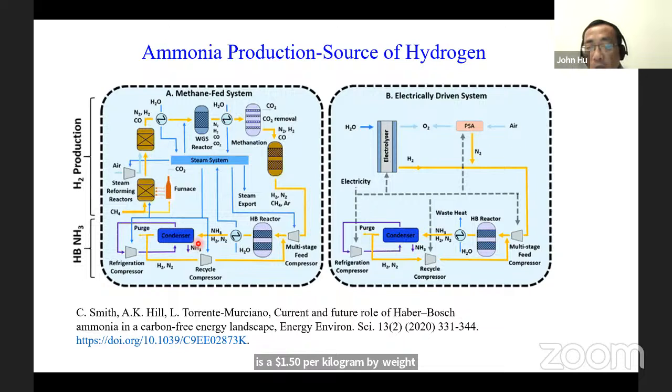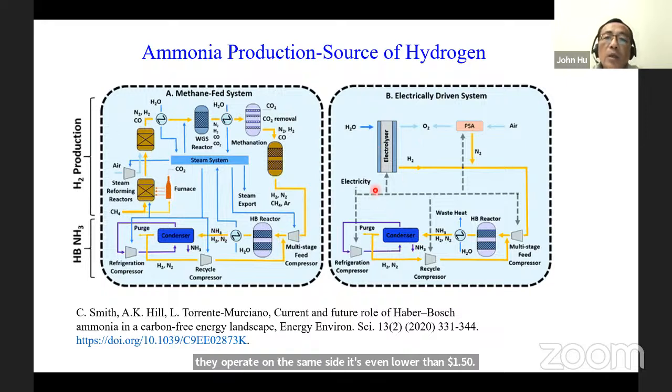One kilogram of hydrogen from a steam reformer is $1.50 today. There's a transfer price between the steam reforming and the Haber-Bosch plant because they operate on the same site. It's even lower than $1.50 per kilogram.